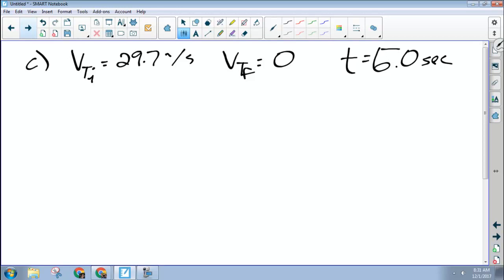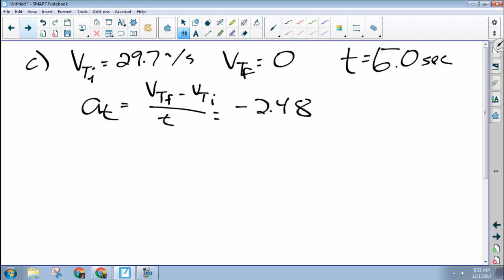Our tangential acceleration is final minus initial over time. Solve this and you get negative 2.48 meters a second squared, just because how fast you're going is changing.